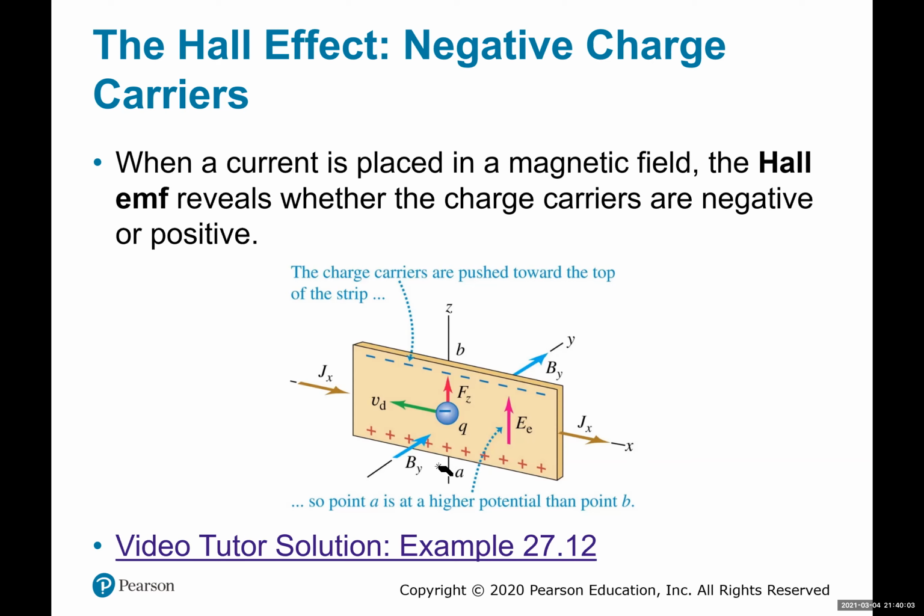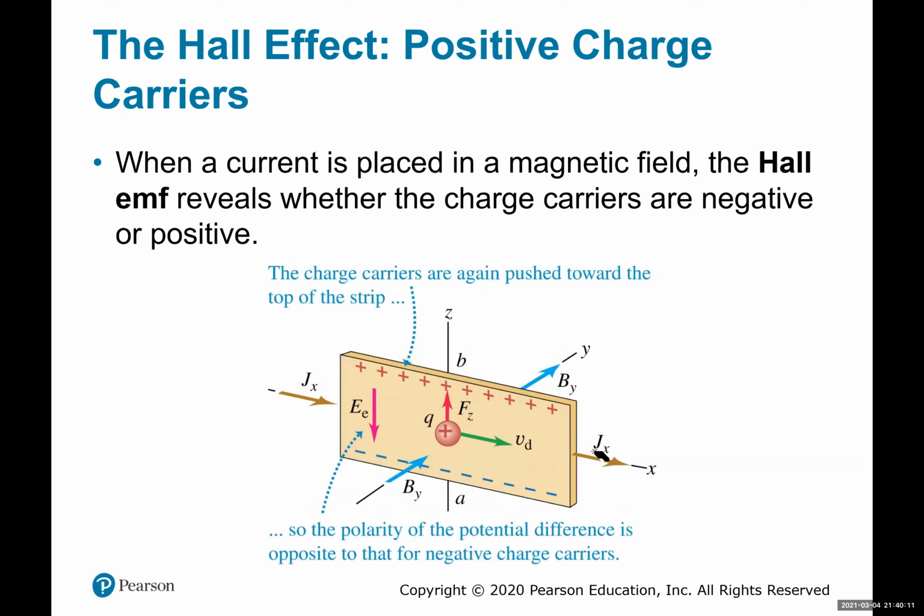If we had a semiconductor, say, where the charge carrier was effectively a positive charge, now we said a second ago that the forces would all be the same, so there's no way force-wise or torque-wise to recognize the difference.